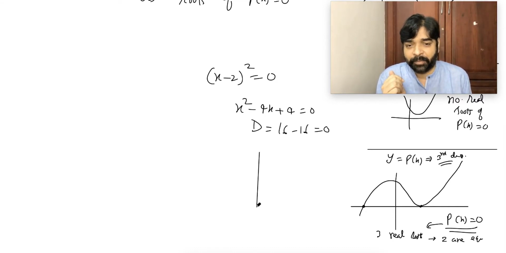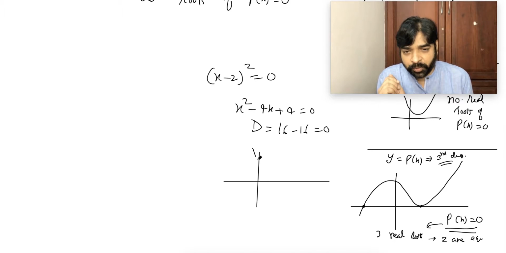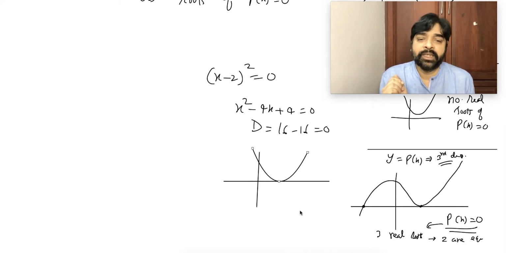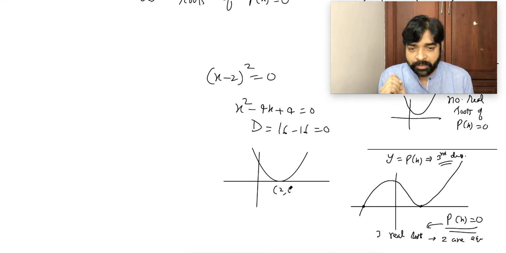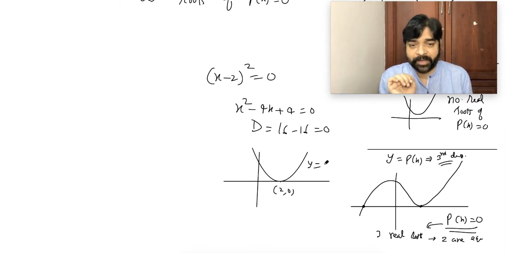I hope all of you remember how to draw the graph. y equal to x square is this. y equal to (x minus 2) square, 2 units to the right side by using the first method. Something like this. See? This is the point (2, 0). That means the root is 2 and they are equal roots because the graph is touching. We are not drawing the graph of an equation, we are drawing the graph of an expression.